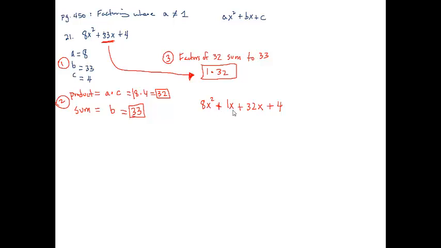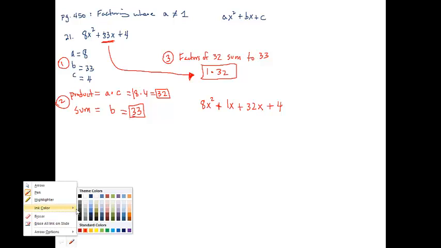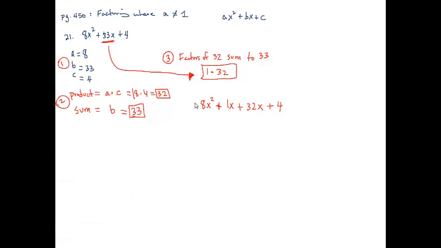You replace the middle term with the factors that gave you the product and the sum. Now, this is where the grouping comes from. You're going to group the first two together and group the last two together. It doesn't matter which two you group together, it will all work out. But I like to be consistent and put the first two together and the last two together. Make it a habit, and always do that.